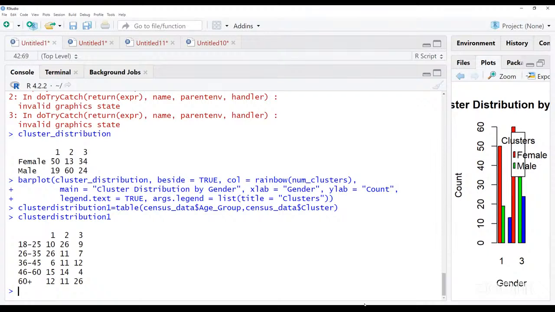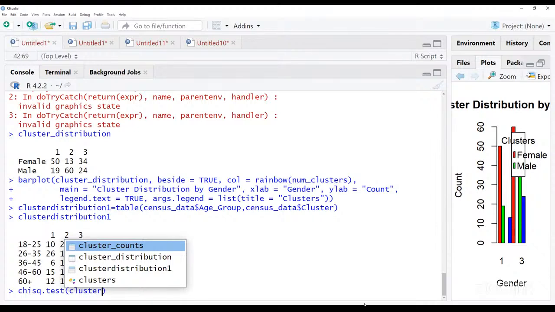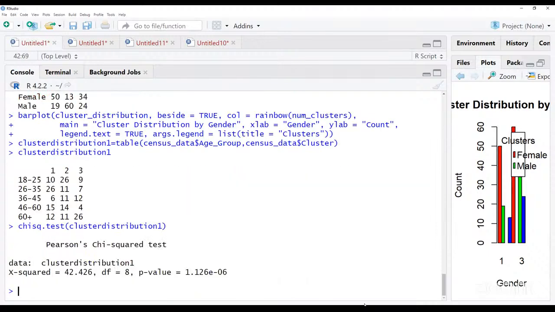So, Farah, you can write down chi-square dot test, bracket cluster distribution 1. Enter. Okay. So here you can find that it is highly significant. That means age-wise distribution is there.